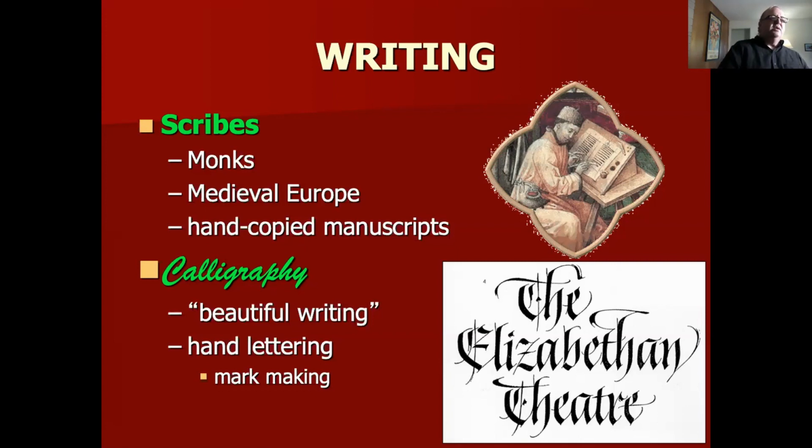One of them was that mistakes could be made. Every copy of a book was not a perfect copy, so it was possible to make mistakes. It was also extremely time consuming, so each book took an immense number of hours to copy. There were a lot of problems there, so it made books very expensive.